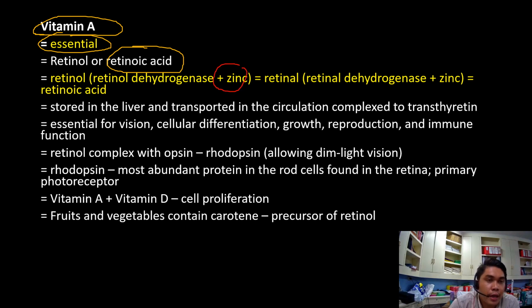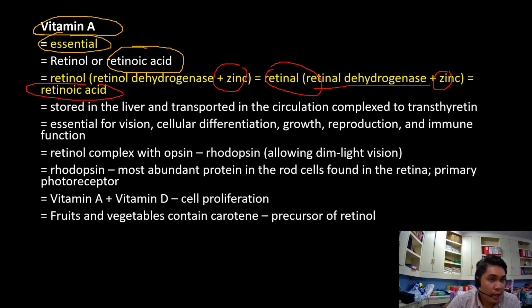First, retinol is converted to retinal by retinol dehydrogenase with zinc as cofactor. Then retinal is converted to retinoic acid by retinal dehydrogenase, with zinc as cofactor.